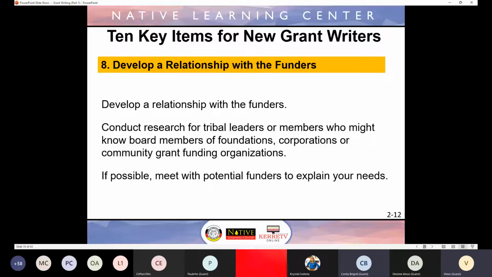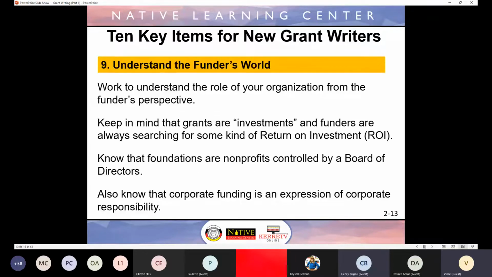It's an investment on our part, even though it's a small one. They're going to want to know what the money's used for. We need to keep that in mind as grant developers, grant writers, that we always need to understand the perspective of the funder, where that money is coming from, who it's coming from, what are their conditions, what are they looking for in this whole process.